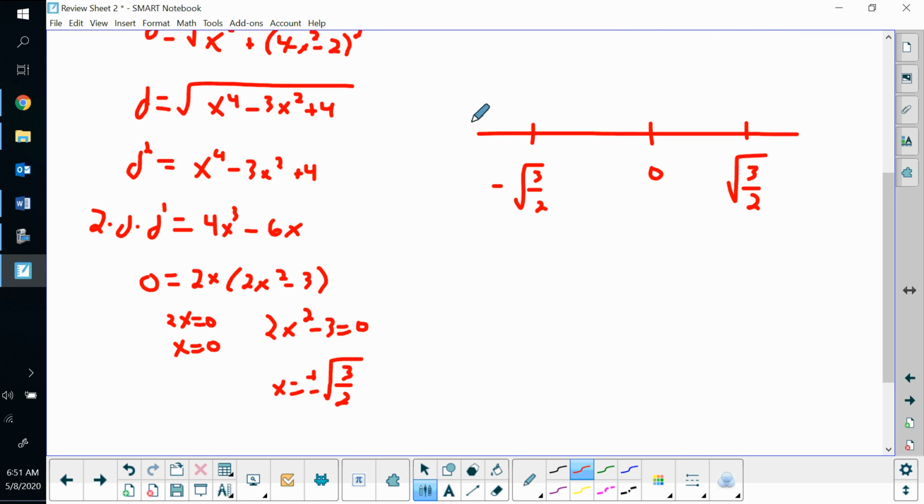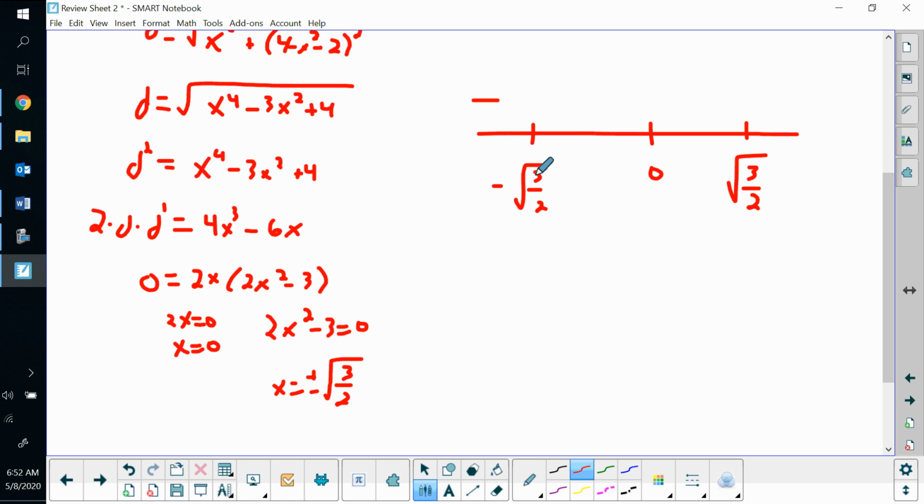So if we put an enormous negative, like negative 100 or so, into our derivative, we get a negative 200 here, and the negative 100 squared is going to make this an enormous positive, so positive times the negative is a negative.